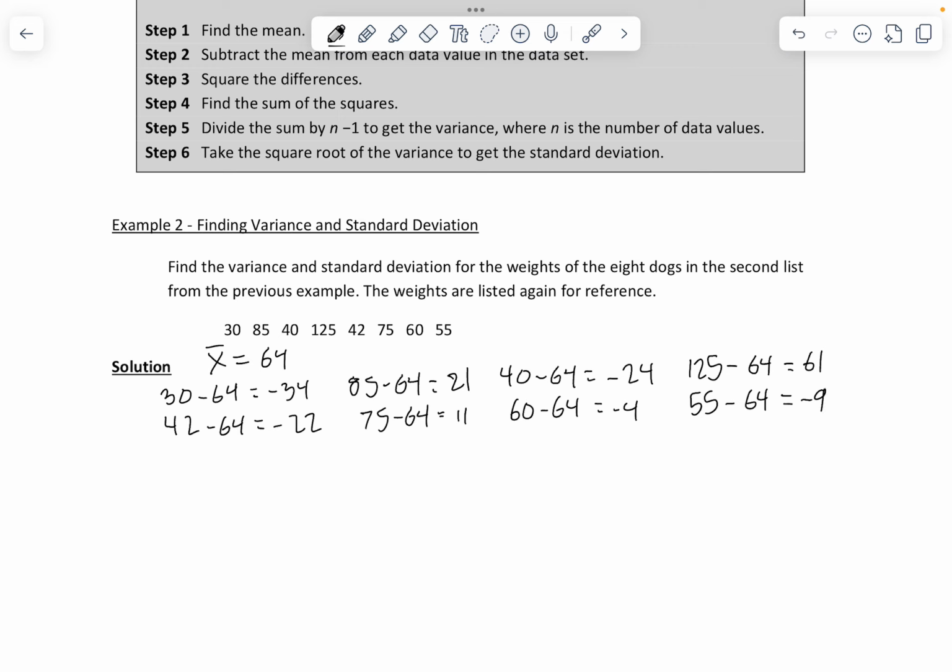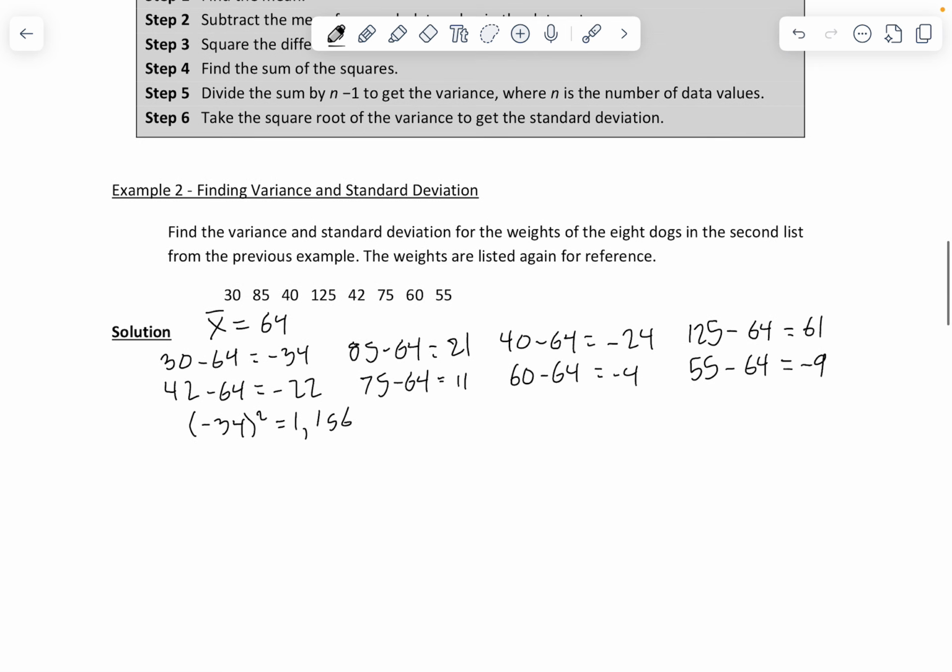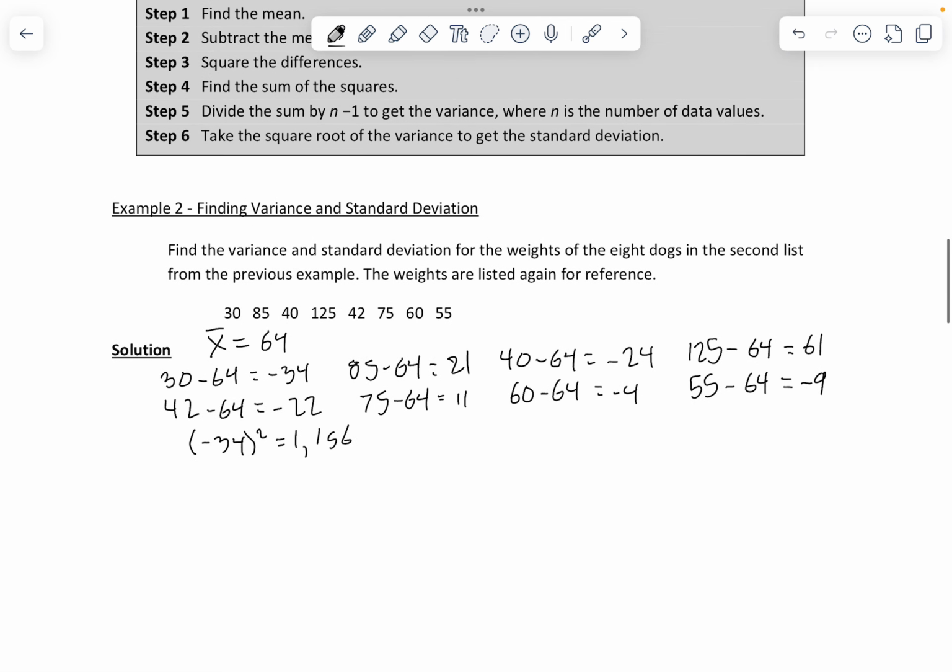Okay, that's step 2. Step 3, square the differences. So I want to take each of these differences that I just computed and square them all. The first one is negative 34. If I square it, I get 1,156. The second one is 21 squared, which equals 441.